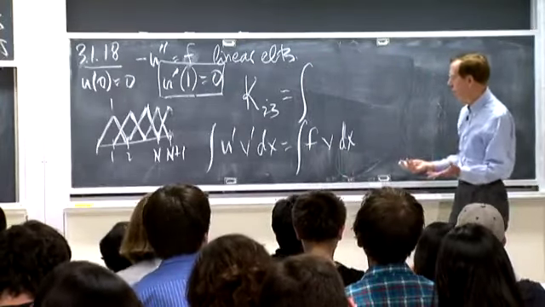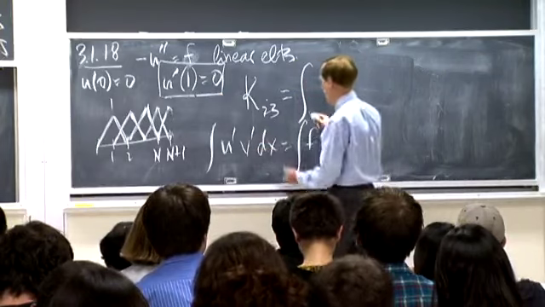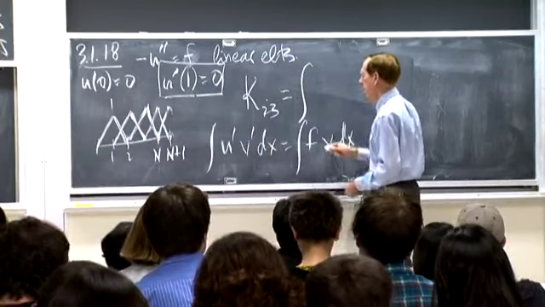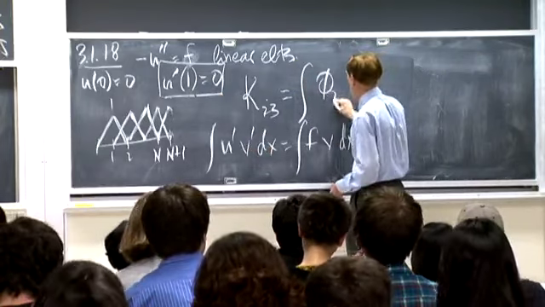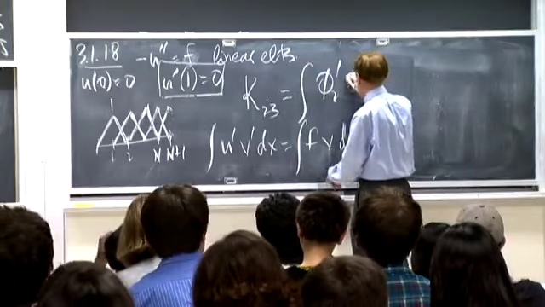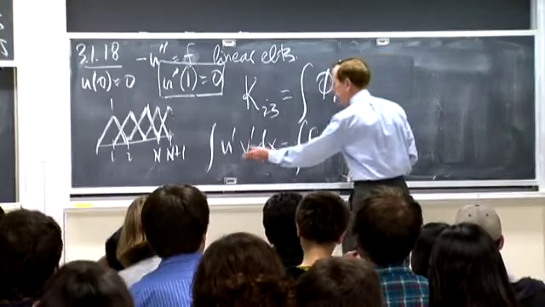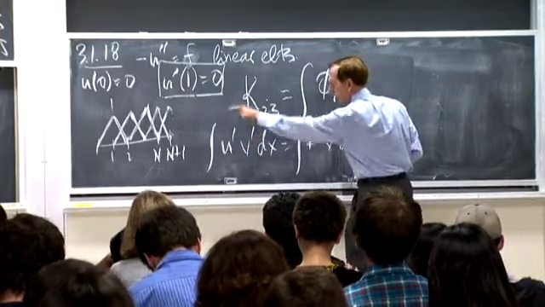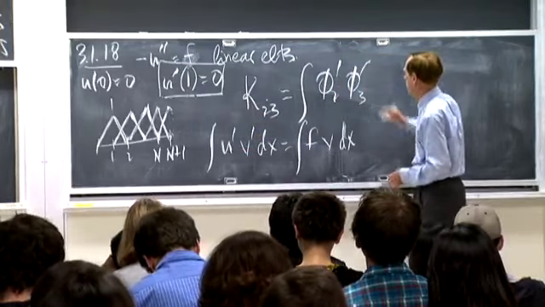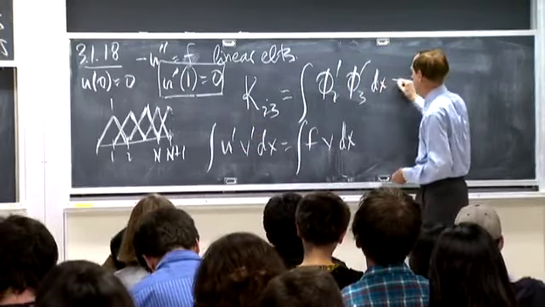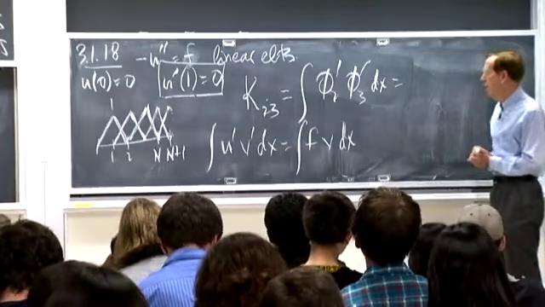Okay, so K23 will come from this side when I'm using phi2 and phi3, because I'm taking the phis and the v's both the same hat functions.